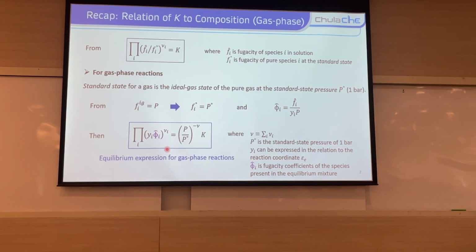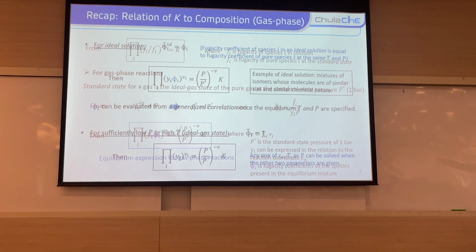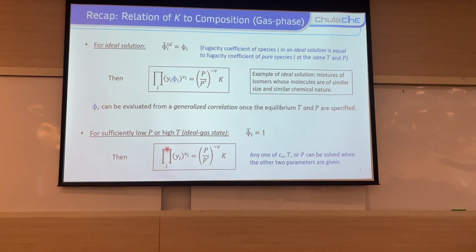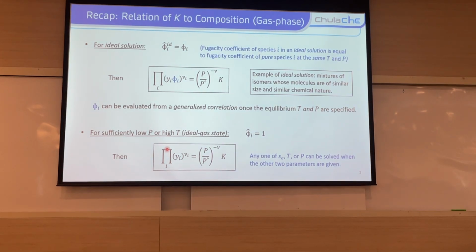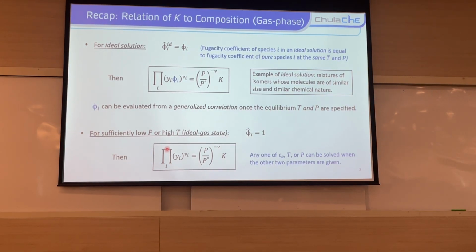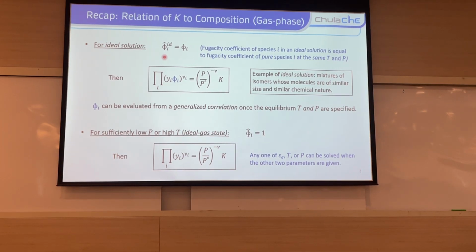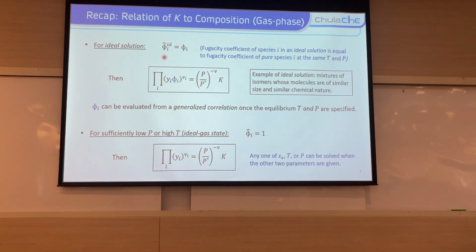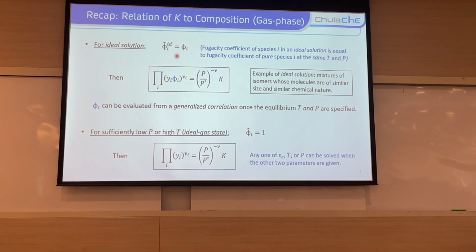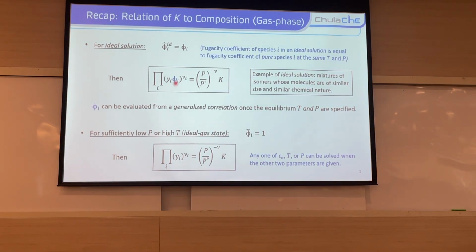And from this one, you can simplify it based on the special condition that you can apply to the system. For example, if you can consider your equilibrium mixture as the ideal solution, in that case you can change the viscosity coefficient of the equilibrium mixture into the viscosity coefficient of pure species. So in that case, the viscosity coefficient with the cap is changed to without the cap.